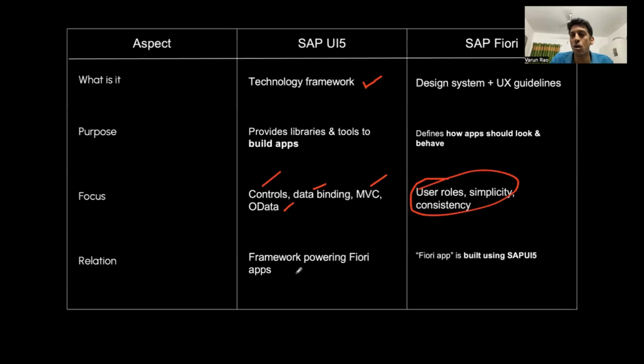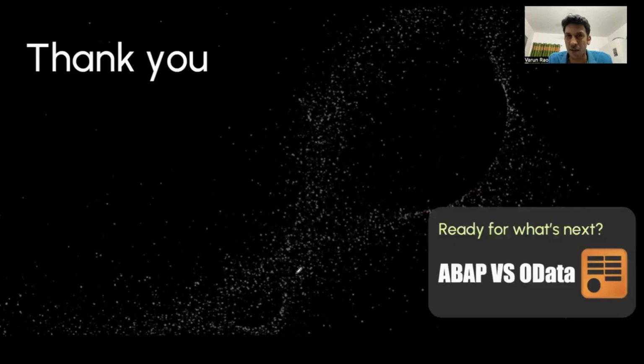While Fiori is more of a pick and use, or choose and deploy kind of framework. So this is a basic understanding of what is the difference between SAP UI5 and SAP Fiori.